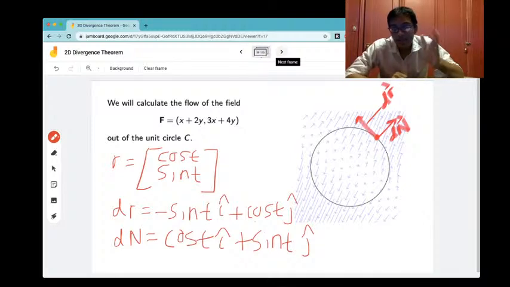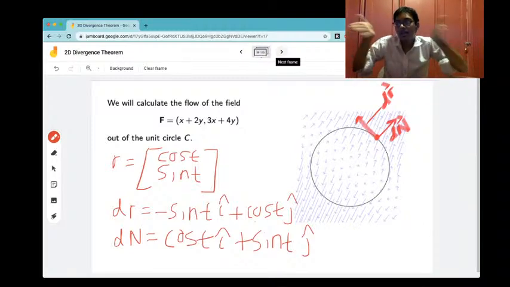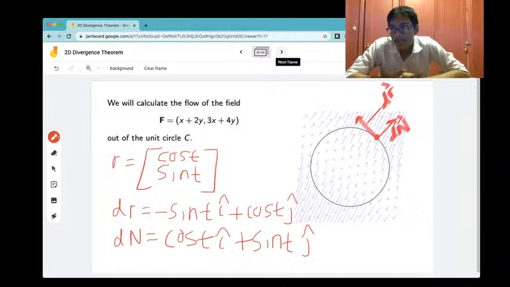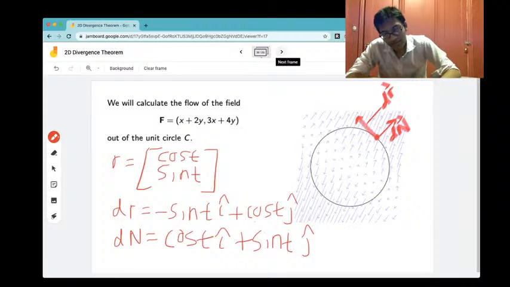So now I have not only my unit normal vector, but also my unit tangential vector. Now all I have to do is go ahead and start plugging in. So let's first write down what f is.